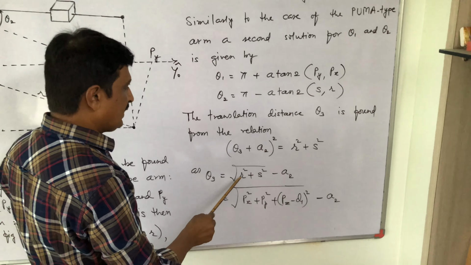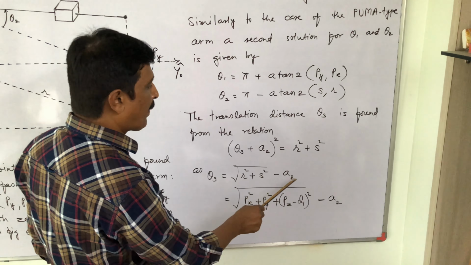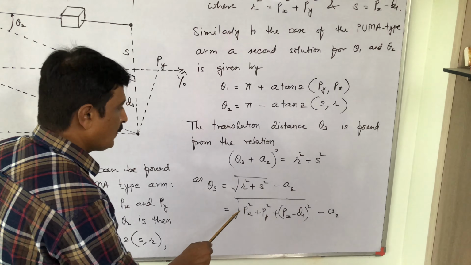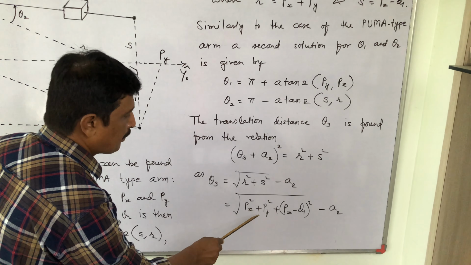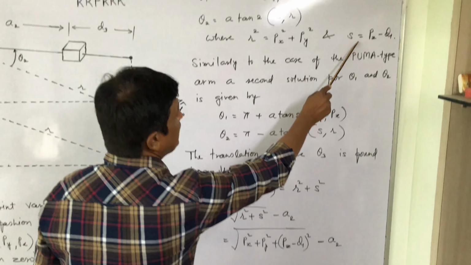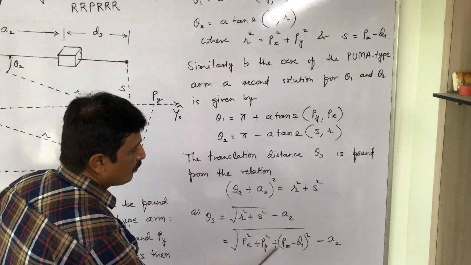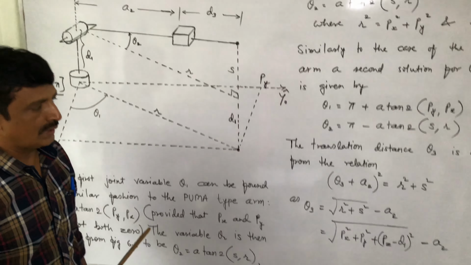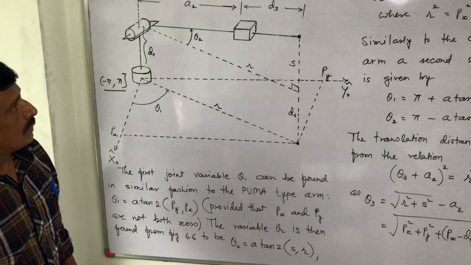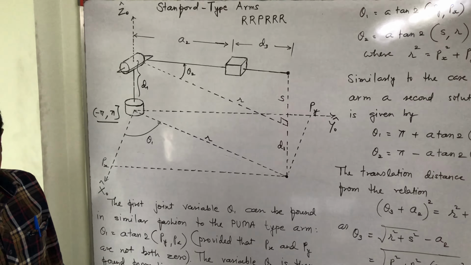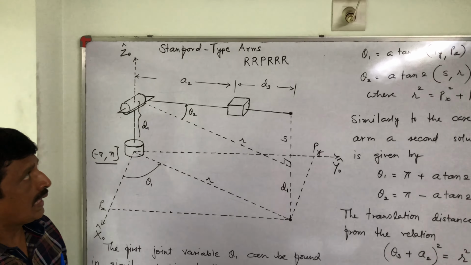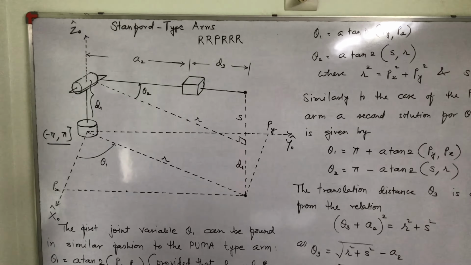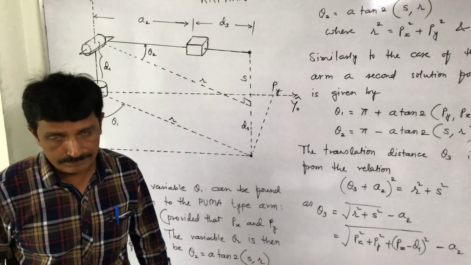So θ3 is the root of r square plus s square minus a2, where r square is px square plus py square, and s is pz minus d1, so square minus a2. So we can find θ1, θ2, θ3, and we can achieve a certain location using the Stanford arm. It is an RRP triple R joint robotic arm.